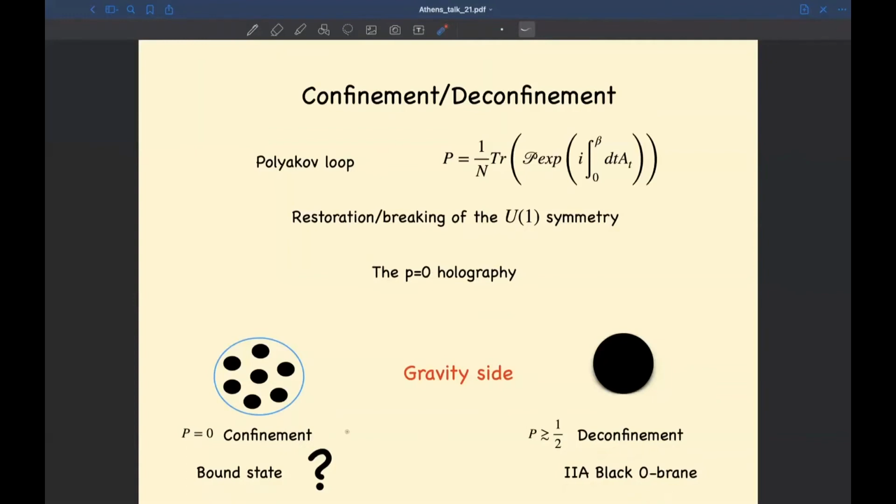But it was not really expected, at least from type 2A, to have a confined state. And if there were one, how should we interpret this bound state? So it was not clear if this would exist in this case and how to think about it.